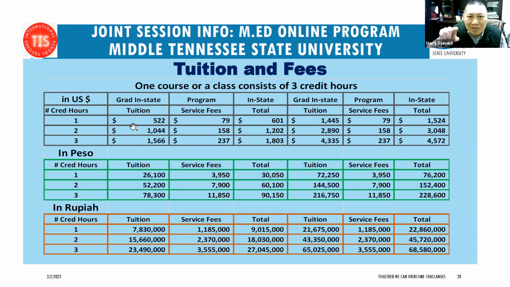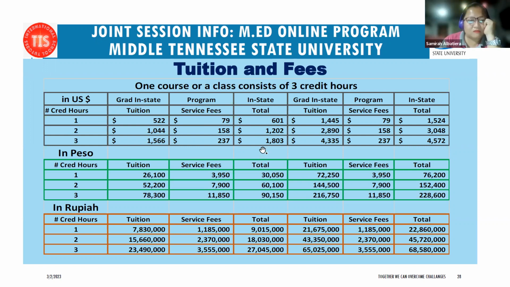That is not correct. The right one is basically out of state. If you look at out of state, they have to pay more. So for in-state, 1 credit hour is 552, and the total is 601 with the fee. Usually one course has 3 credit hours. Am I correct, Dr. Craig?